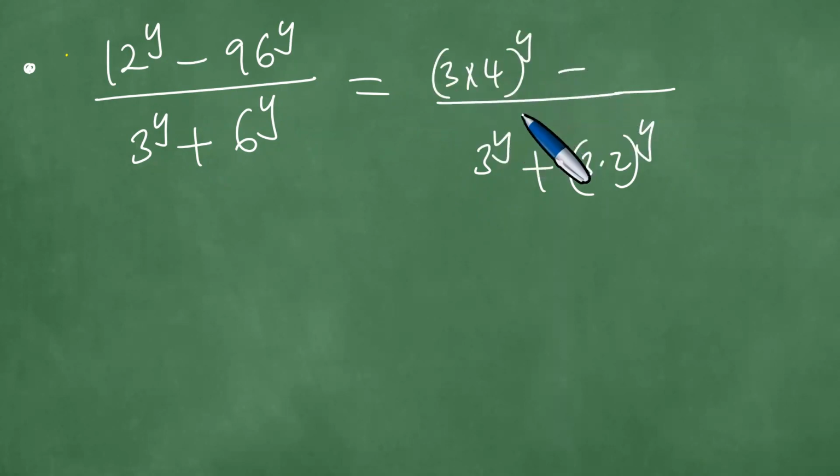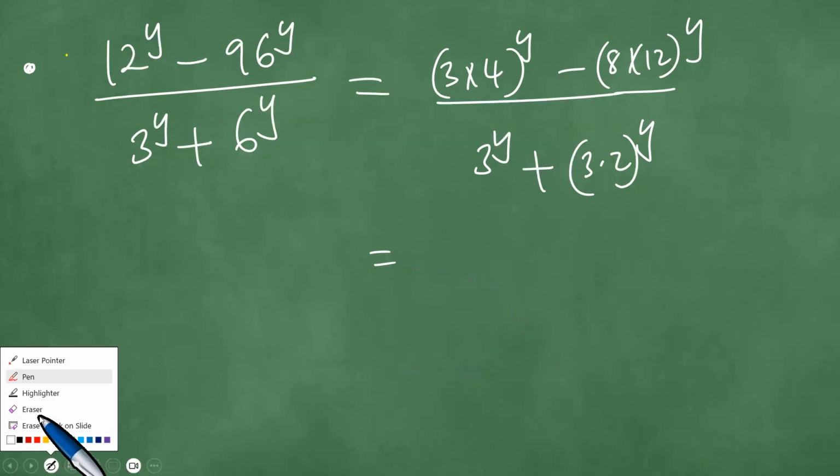Okay, the 96 is 8 times 12 to the power y, like this. So in the denominator, you're going to have the following.